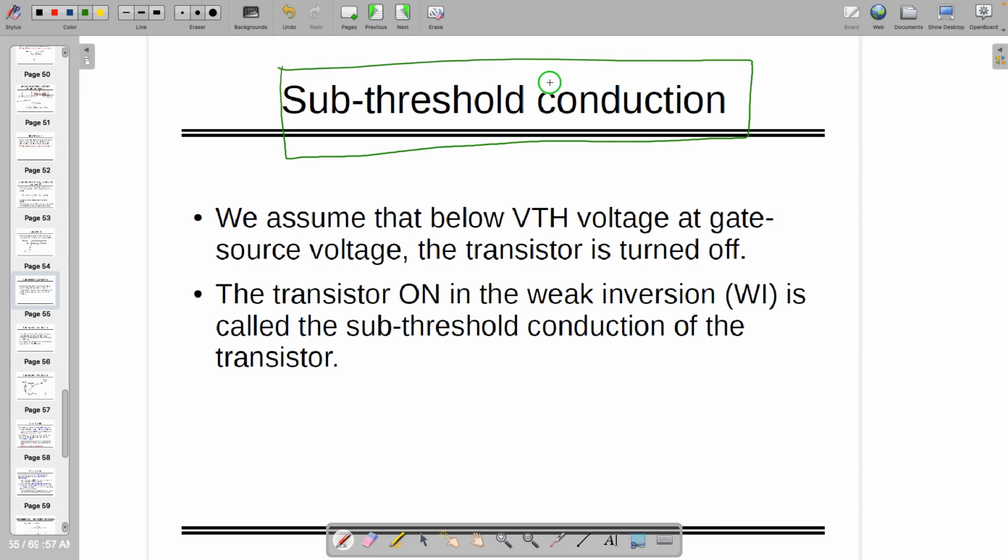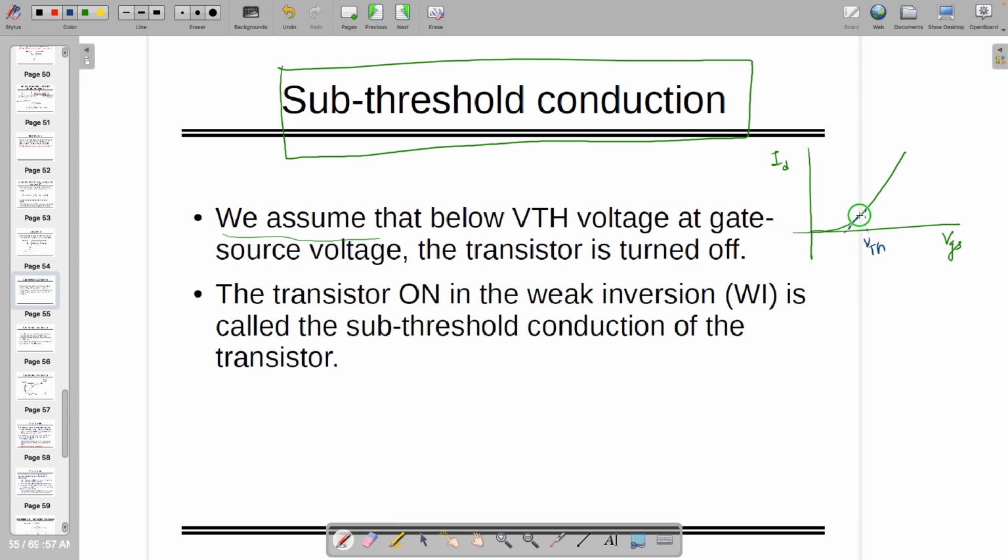Subthreshold conduction is the one where we assume that below VTH, at a gate source voltage below VTH, the transistor is turned off. But that's not true, right? If you've seen the VGS versus ID characteristic, you will see that if this is VTH, or the threshold voltage, before that itself you can observe some current is flowing, right?